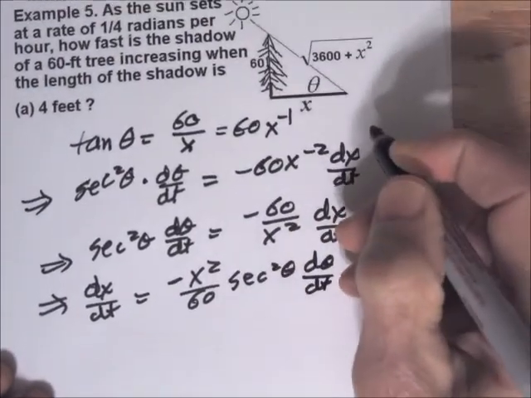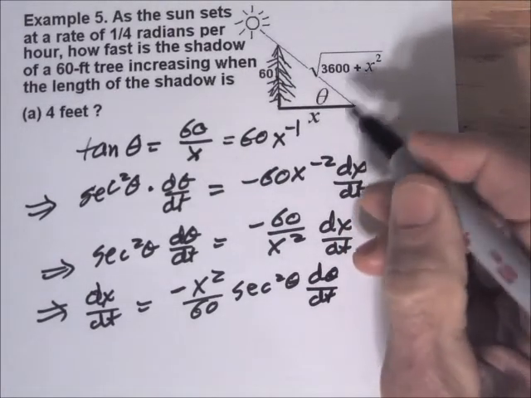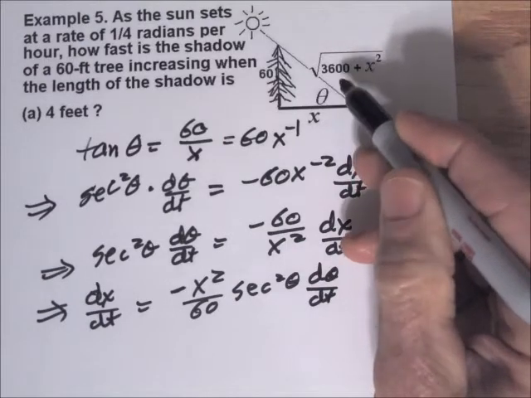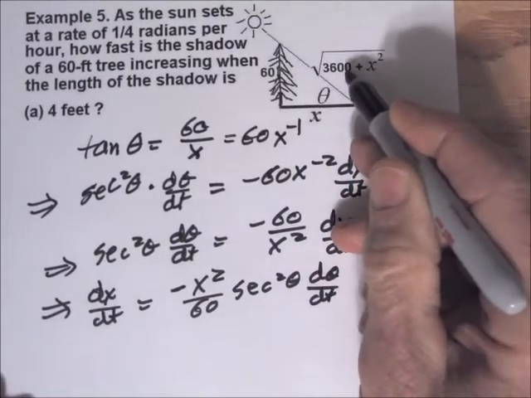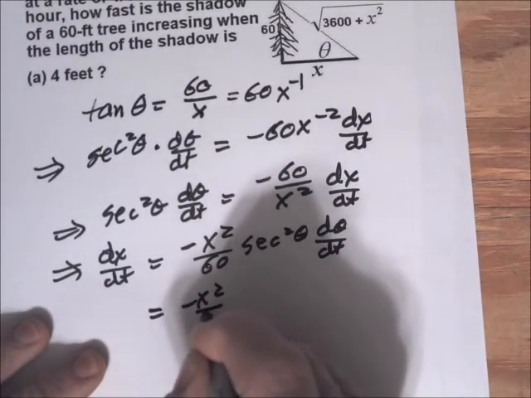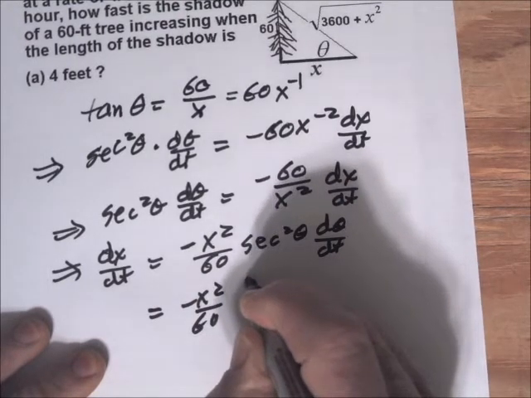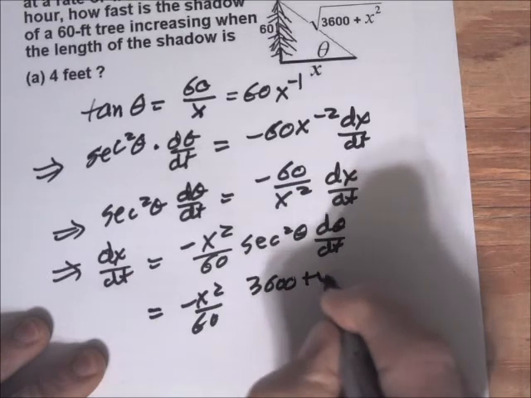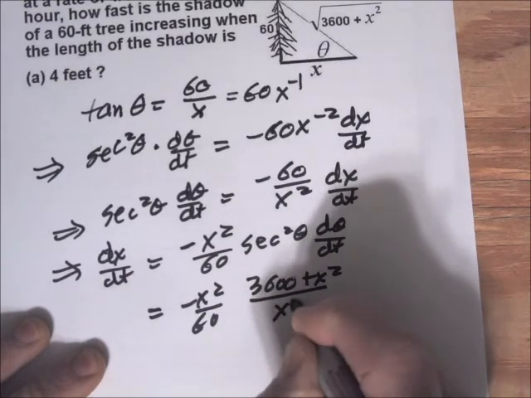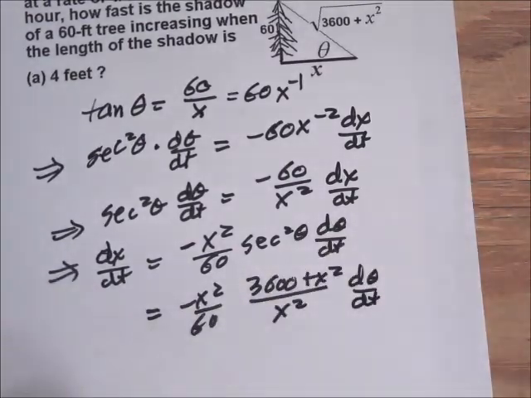Okay, so let's express secant squared theta in terms of x. Secant is the hypotenuse over the adjacent. So we'll have minus x squared over 60, and the hypotenuse squared is 3600 plus x squared, over x squared, times d theta dt. Okay, so the x squareds will cancel.